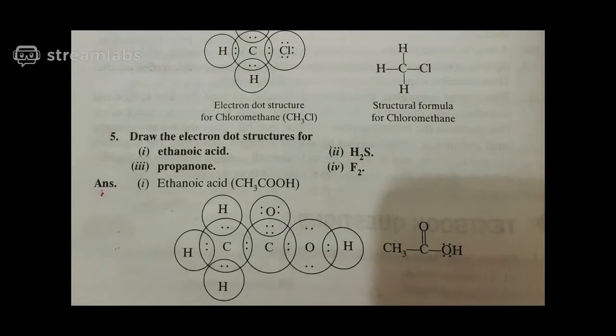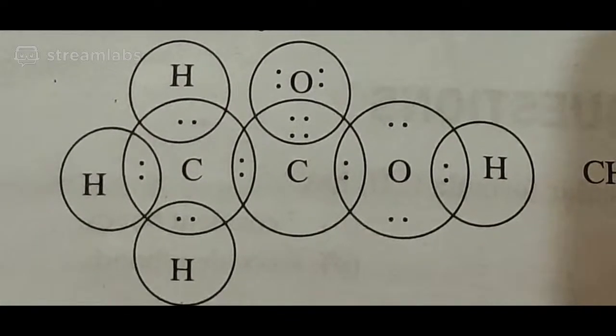Now you want to draw the electron dot structure for ethanoic acid, hydrogen sulfide, propanone and fluorine. Ethanoic acid, you know how to write the structure of ethanoic acid. CH3COOH, with COOH: one single bond with OH, double bond with O. Now, wherever you write the hydrogen, put 1 dot, around the carbon 4 dots.